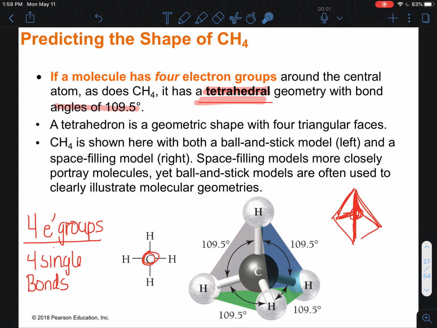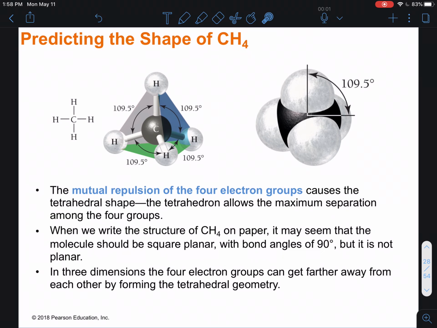You can see how the carbon atom is in the center, and how each hydrogen atom is oriented around it in such a way that it has the most amount of room possible, specifically 109.5 degrees. The ball and stick model is nicer for seeing the specific bond angles, but here's what it would actually look like in the space-filling model. And again, this is still 109.5.